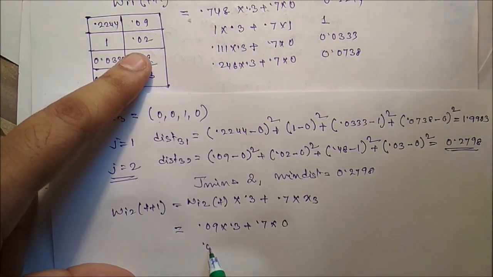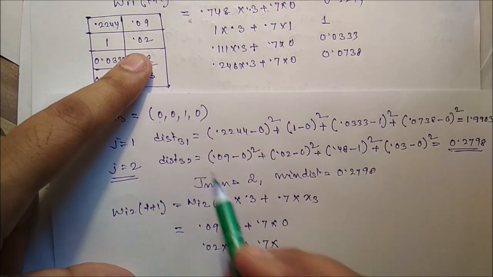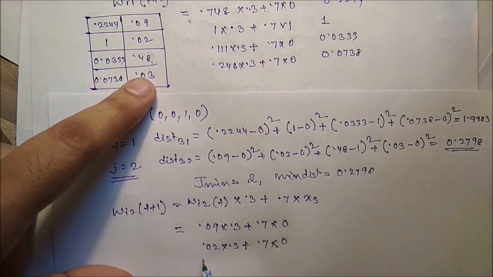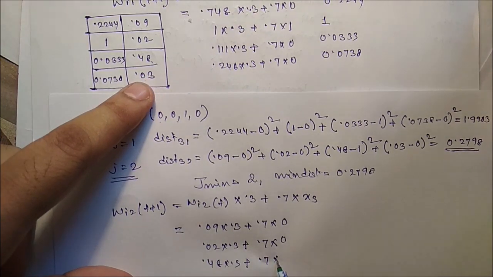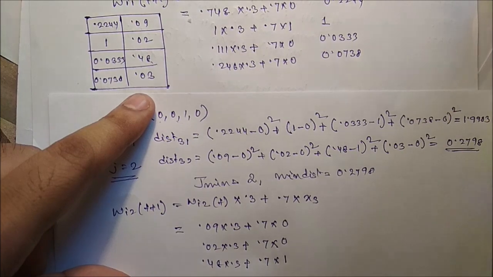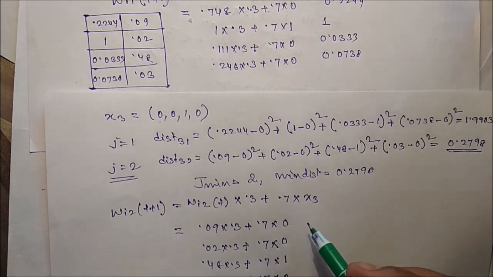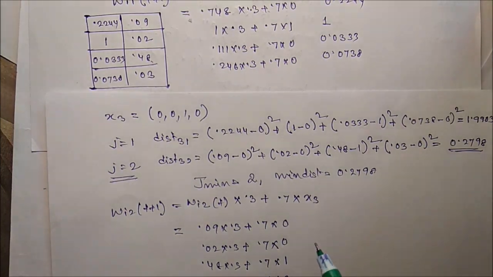Similarly, 0.02 into 0.3 plus 0.7 into 0. 0.48 into 0.3 plus 0.7 into 1. 0.03 into 0.3 plus 0.7 into 0. Okay, and we solve it.